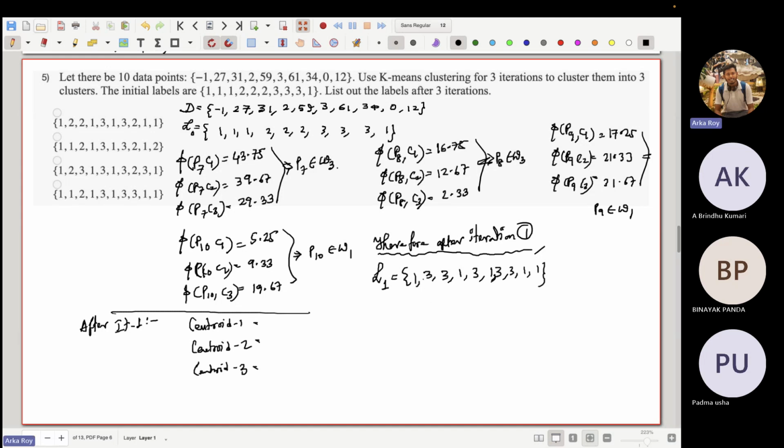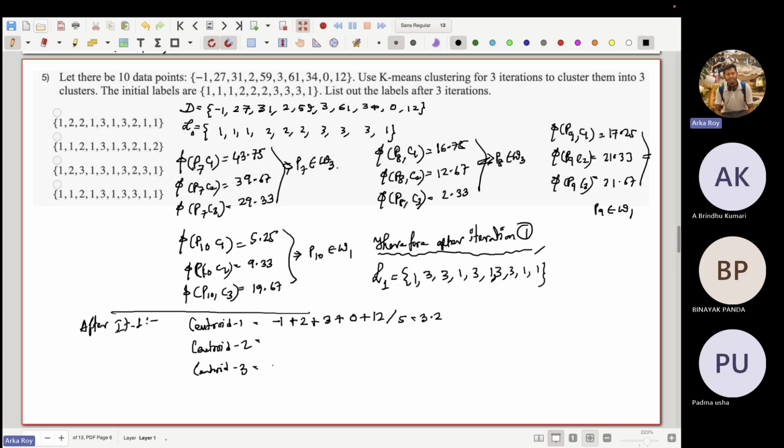So from here you can see that the first point, so -1, then the fourth one, so 1 plus 2 plus 3 plus 0 plus 12 divided by 5, which comes down to 3.2.